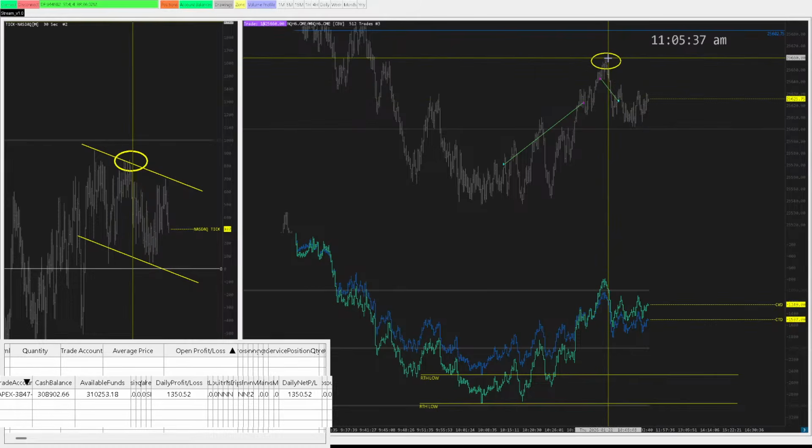Yep. So that's how I do it. Wherever my divergence is at. And for me, you always have to have at least 2 points with the divergence.